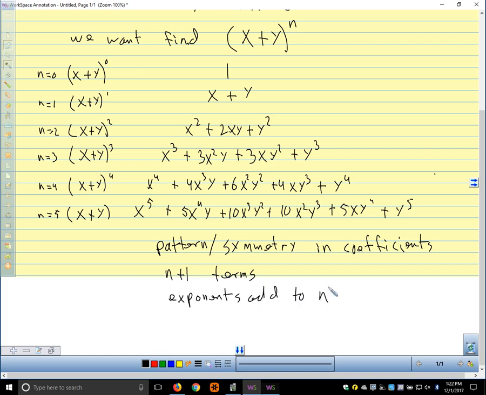Yeah? Right, and they descend, x descends from n to 0, and y ascends from 0 to n. So we have this ascending, descending exponents.